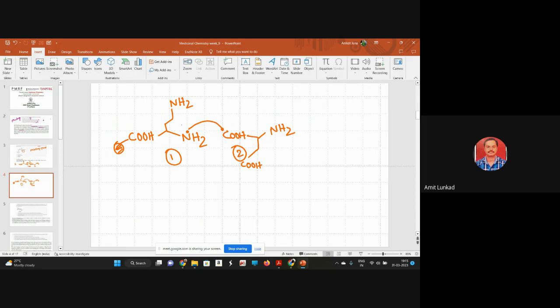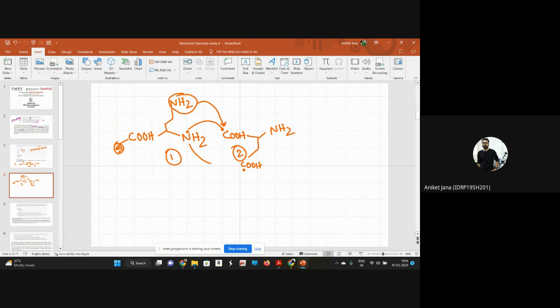Yes, sir. Okay, so now if you follow, there is another NH2 there. So this NH2 can also react with this COOH group, right? And now if you follow, in the second amino acid there is also another carboxylic acid group.